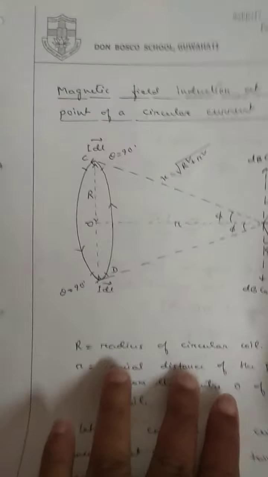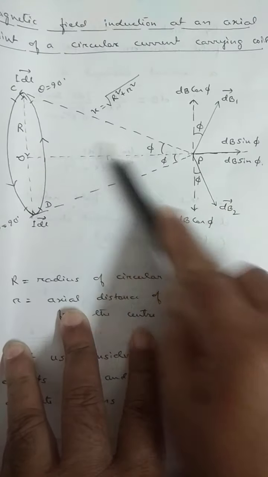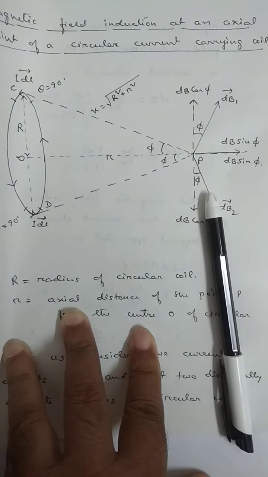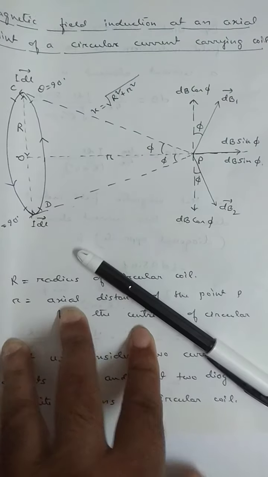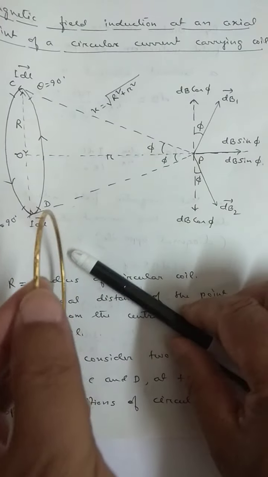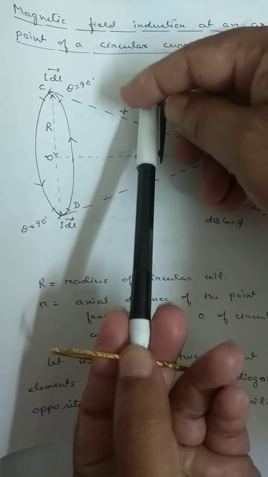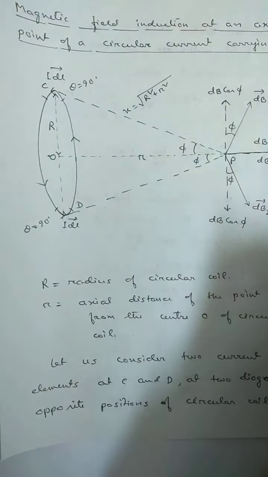Now again, some imagination is required here. What is the direction of dB? The direction of dB is perpendicular to the plane containing the current element and the position vector. So this is the current element and this is the position vector, so dB should be perpendicular to it.